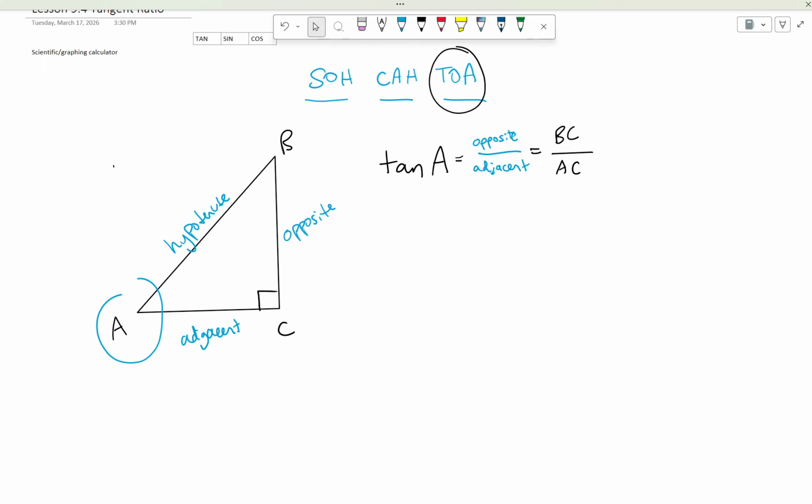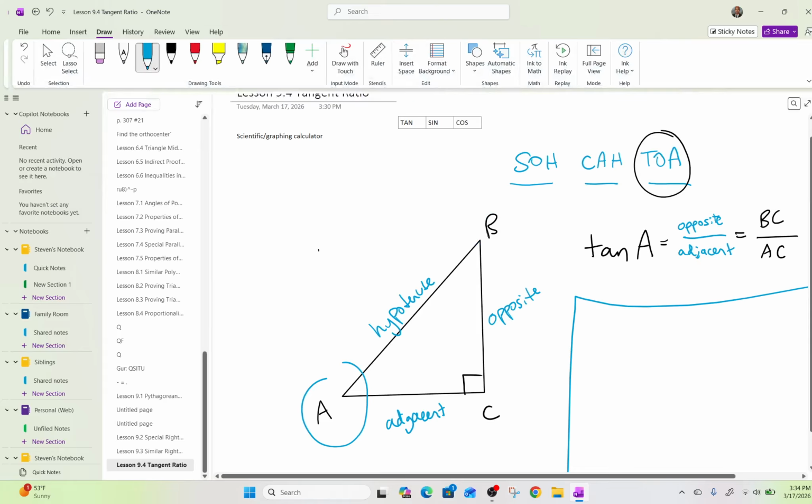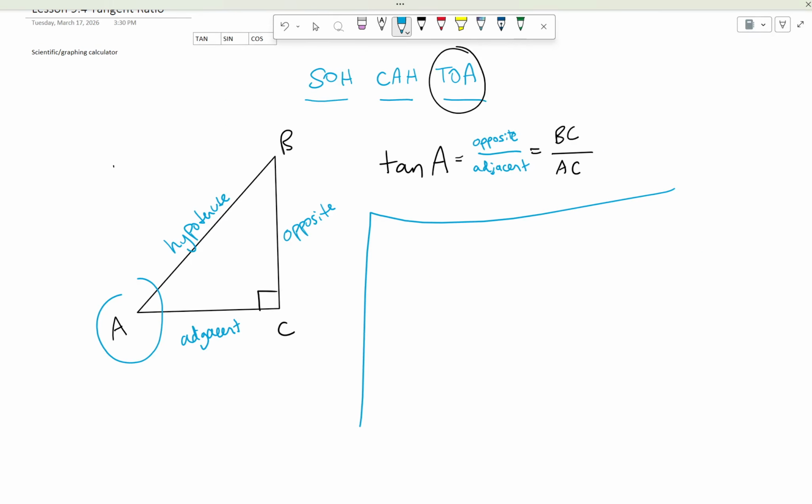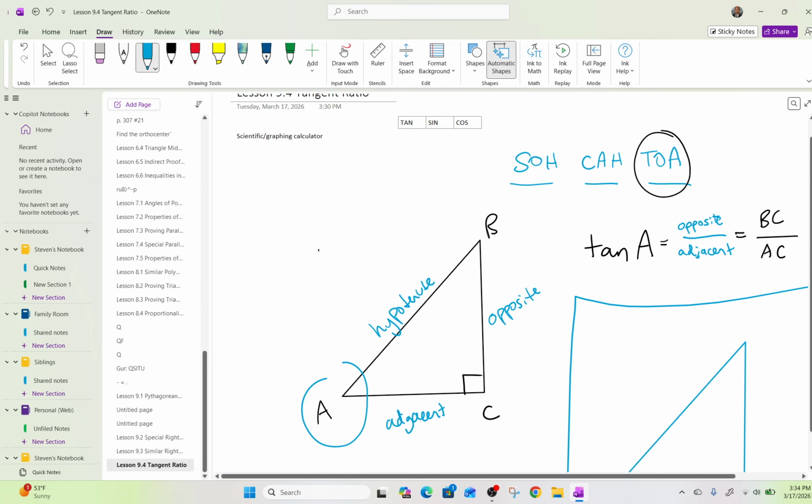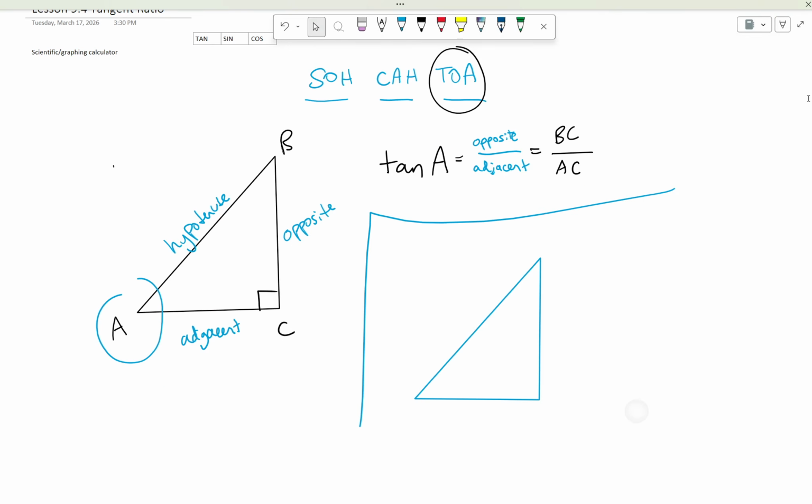The first one we're going to do, I'm going to section this off right here. We're going to make another auto shape, and I'm going to create another right triangle. Right? That is nice and perfect.